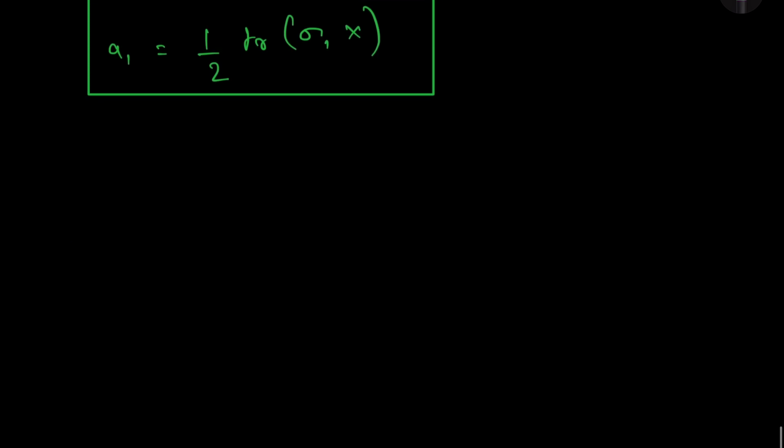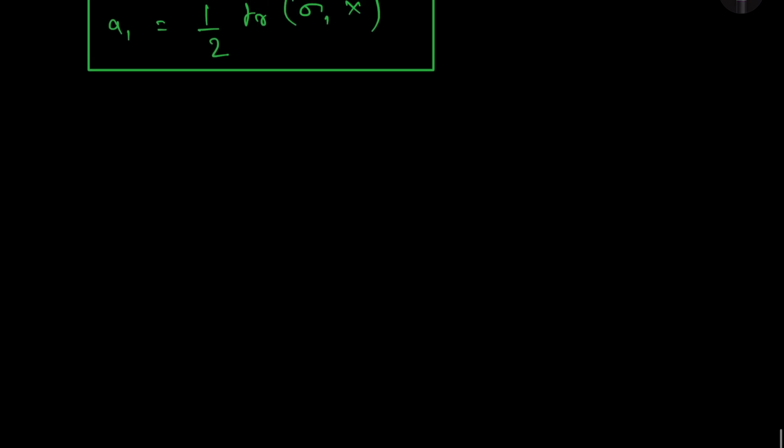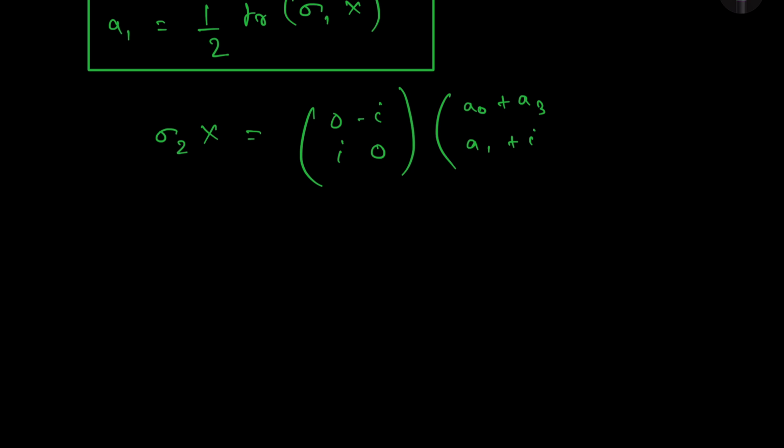Similarly, let's check for a2 and a3 also. So sigma 2 X would just give us 0, minus i, i, 0 times a0 plus a3, a1 plus ia2, a1 minus ia2, and a0 minus a3.